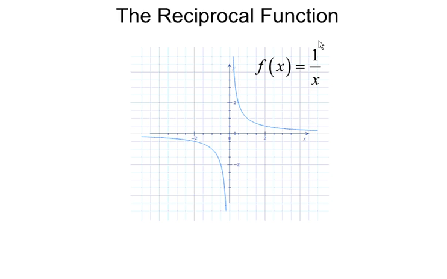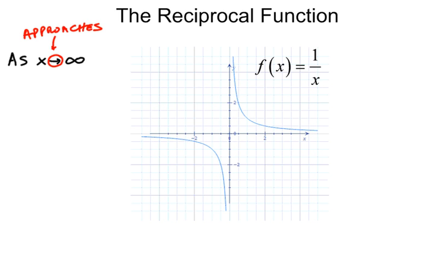As x approaches infinity, let's take a look at what happens. This arrow symbol that I have here means approaches, or gets really close to something. That's really all that means.